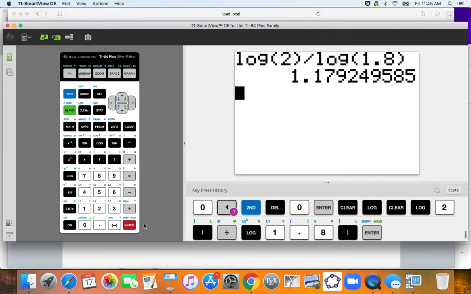Now, if we were to use the approximation formula where T double is approximately 70 over percent growth rate, that would be 70 over 80, which is 0.875 months.